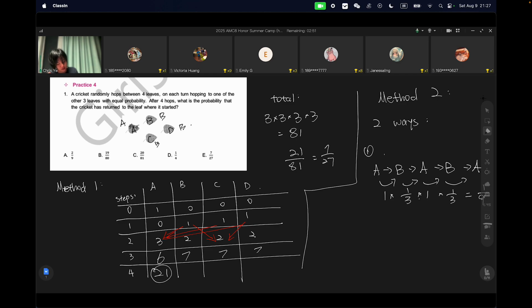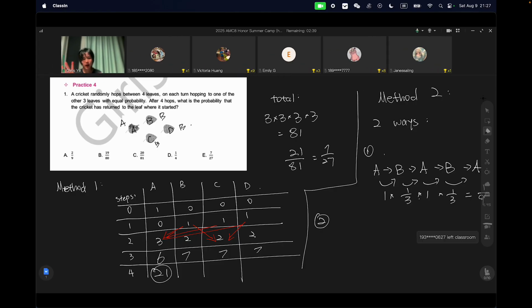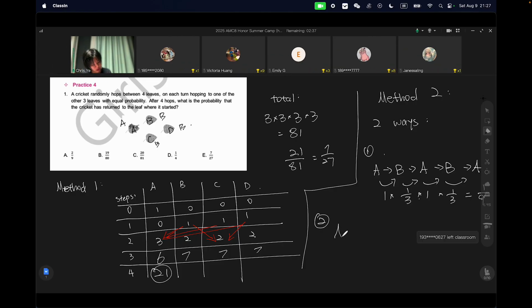And the second way is that A did not return to A for the entire process. Then we will have something that looks like this.